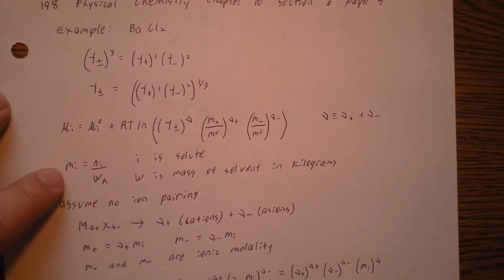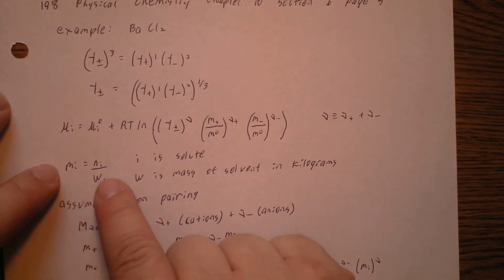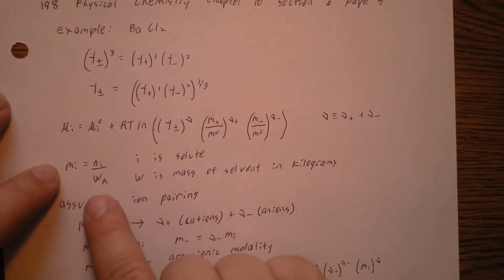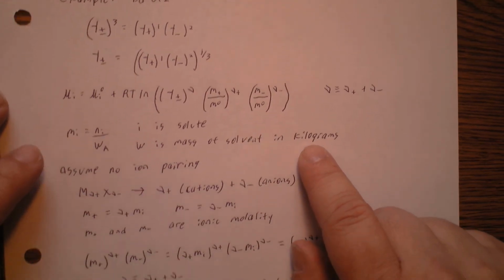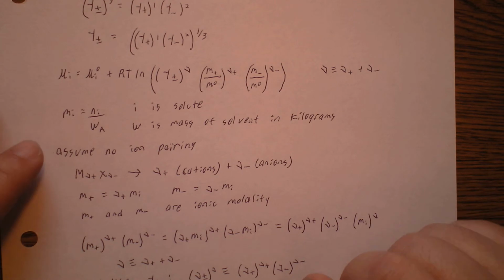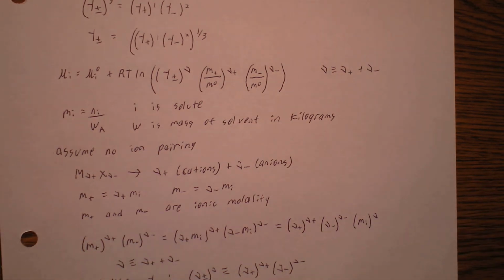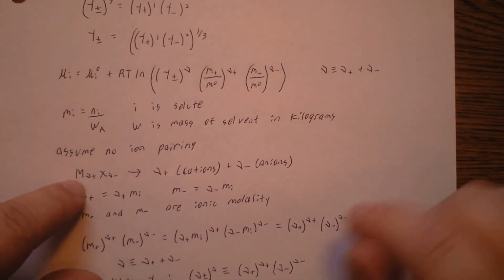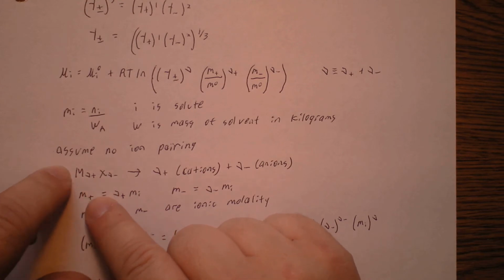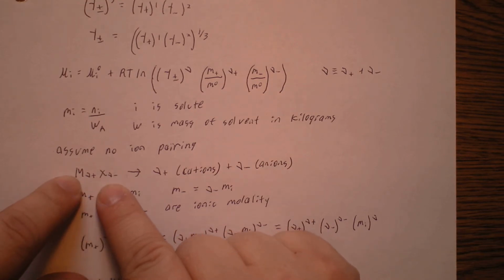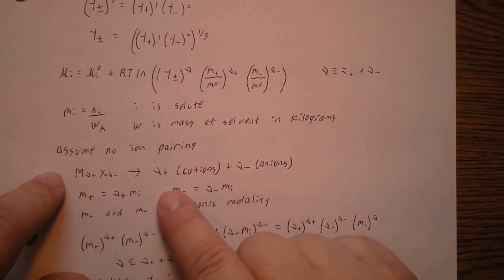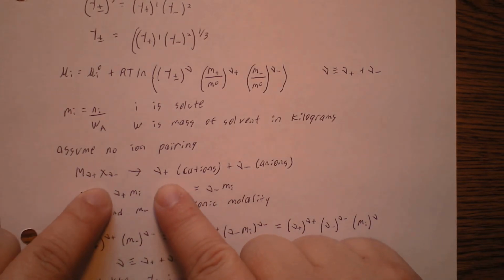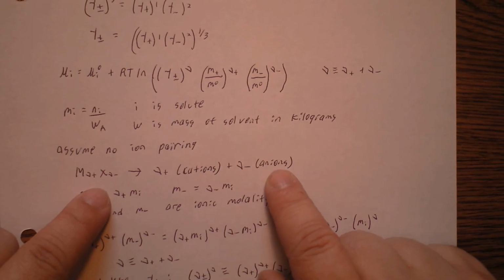Now remember, the molality of the substance I is the number of moles of the solute divided by the mass of the solvent in kilograms. Now let's assume we have no ion pairing. Then the substance M nu plus times X nu minus becomes nu plus cations and nu minus anions.